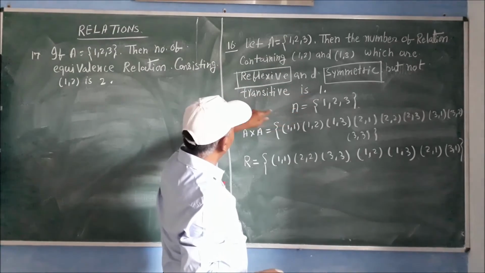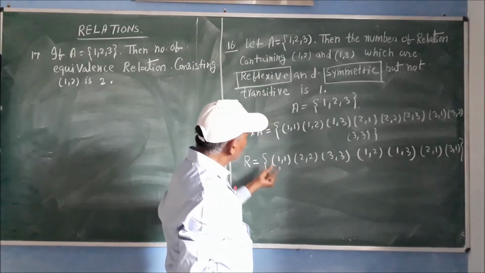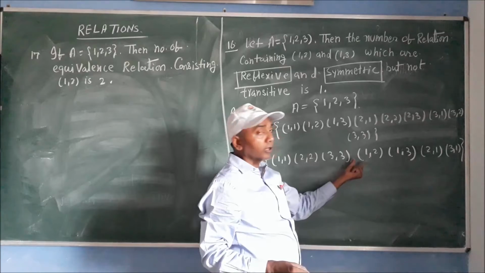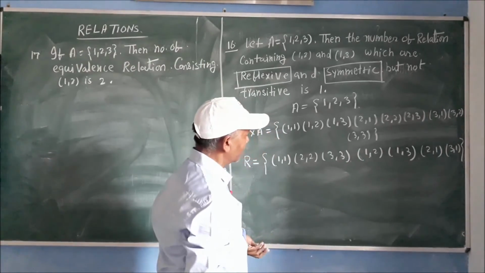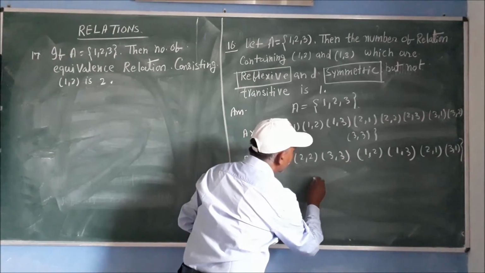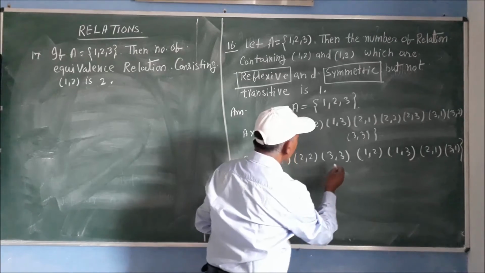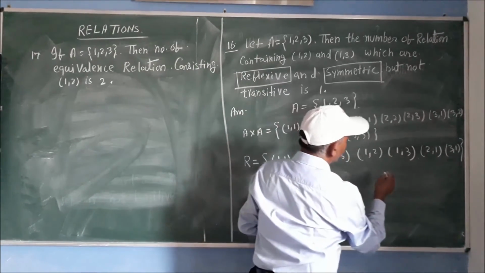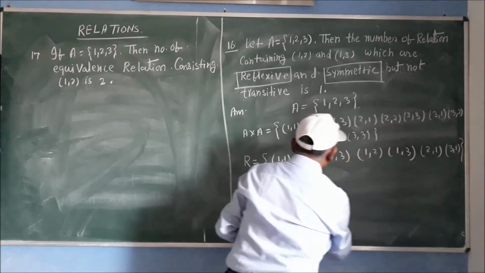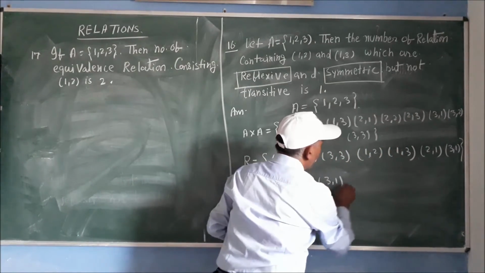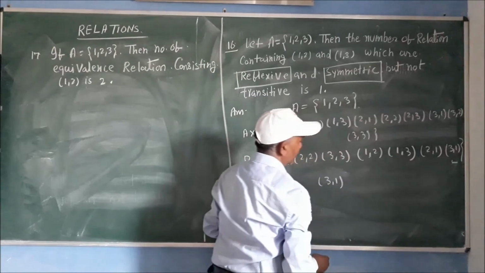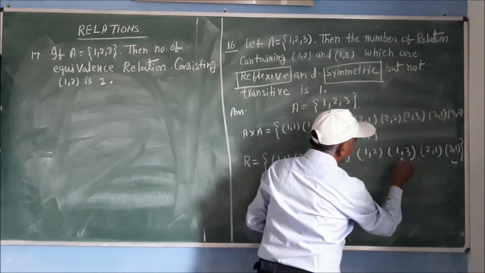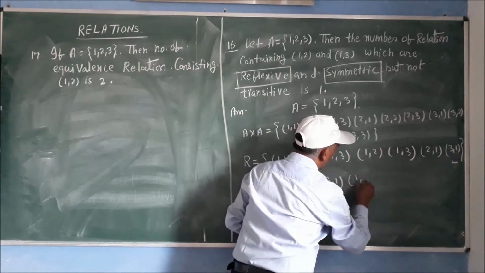But it is also asked that it is not transitive. So this relation does not hold the transitive property. How can you say? Watch here. Here is the pair (3, 1), and here the second pair is (1, 2).